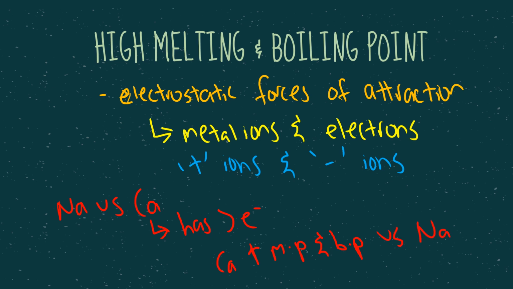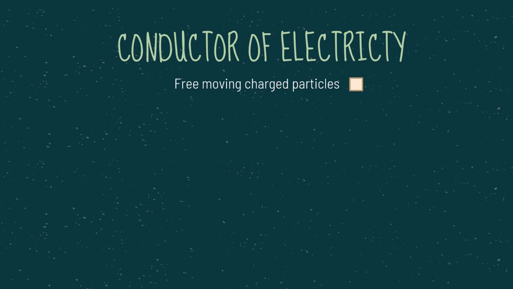Now let's move on to conductor of electricity. One thing we need to know in order to see whether a molecule or compound is capable of conducting electricity, we need to see whether that particular compound or molecule has free moving charged particles. What does charged particle mean? Charged particles usually mean anything that has a charge.